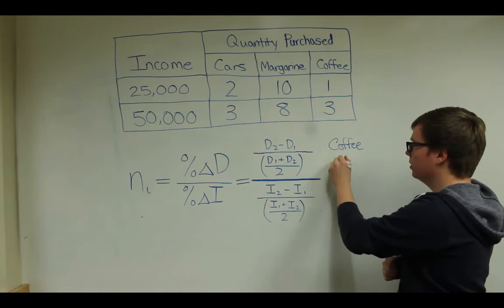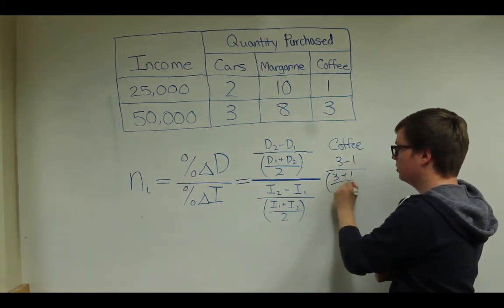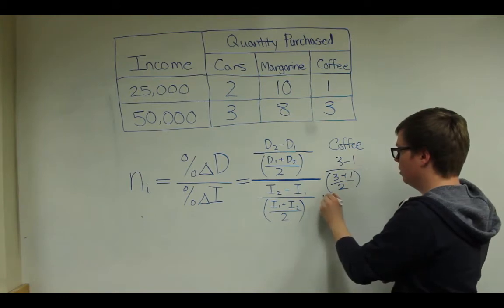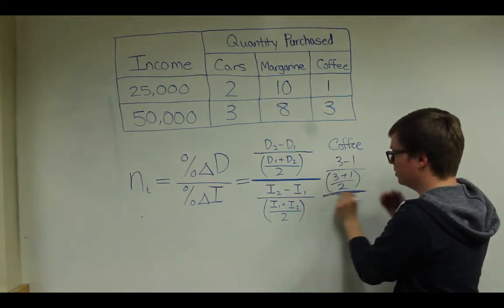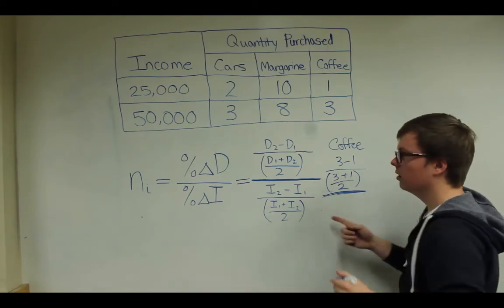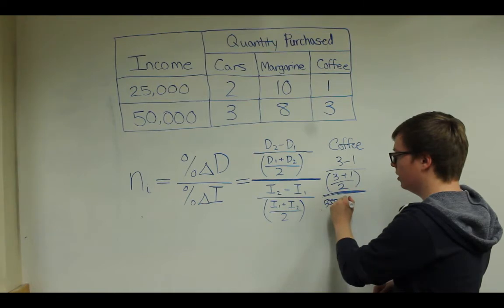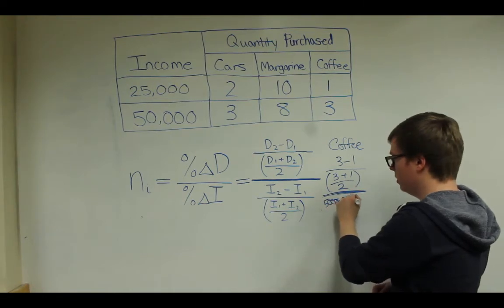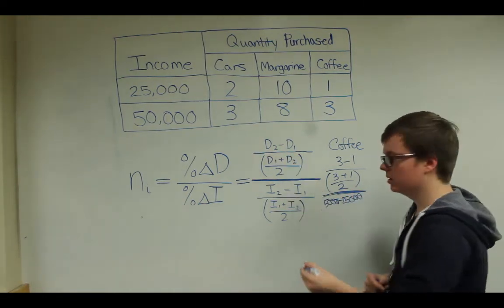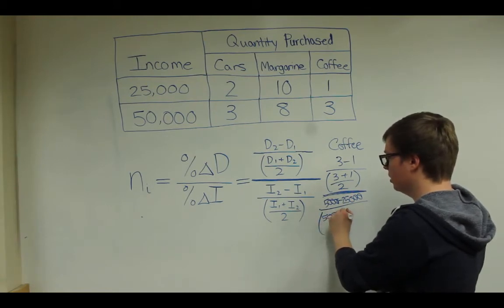D2 minus D1, so 3 minus 1, then you average the two here. So that's our percent change in demand. And then we do the same thing with the percent change in income. I'll write it out again, but it will be the same because the income's the same as it was for margarine. So it'll be the same percent change in income.